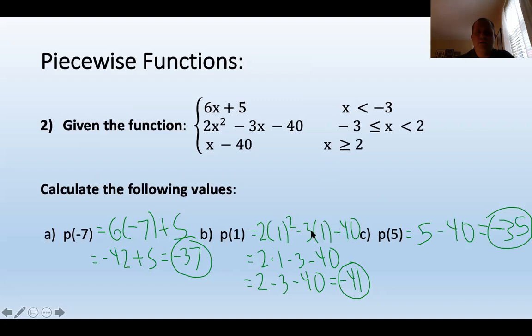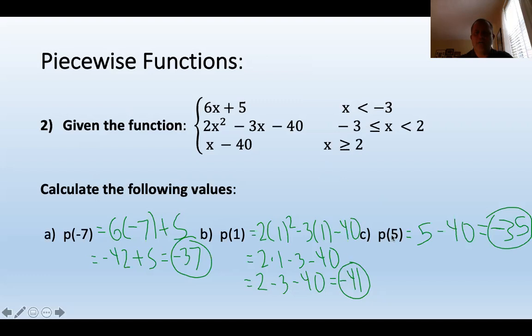Then we would perform any multiplication from left to right, or division from left to right. In this case, we have multiplication. So 2 times 1 gives us 2. 3 times 1 gives us 3. And we're left with 2 minus 3 minus 40. And when we work that from left to right, because that's all subtraction, we get negative 41 to be our result there.